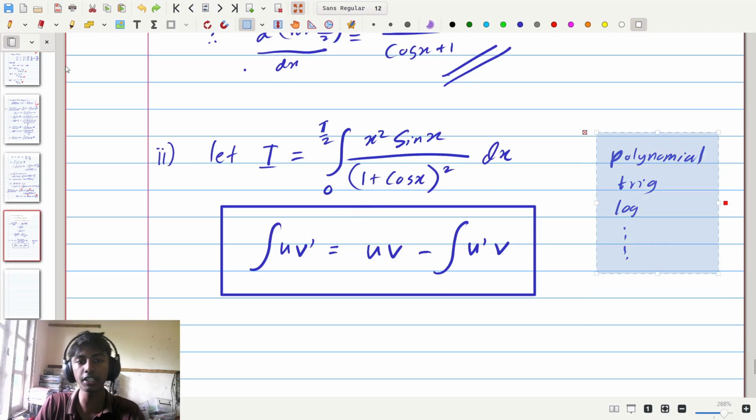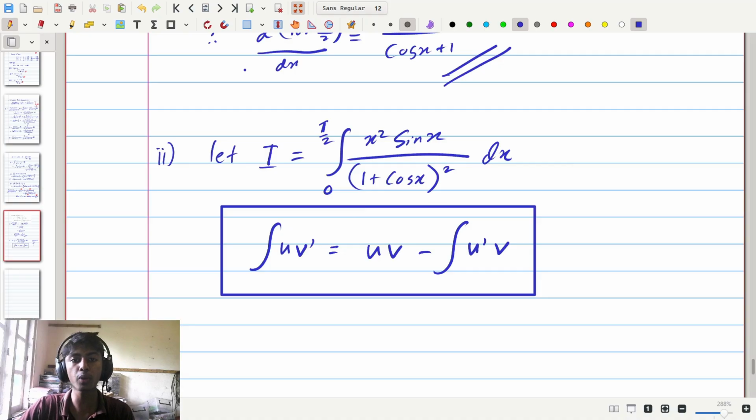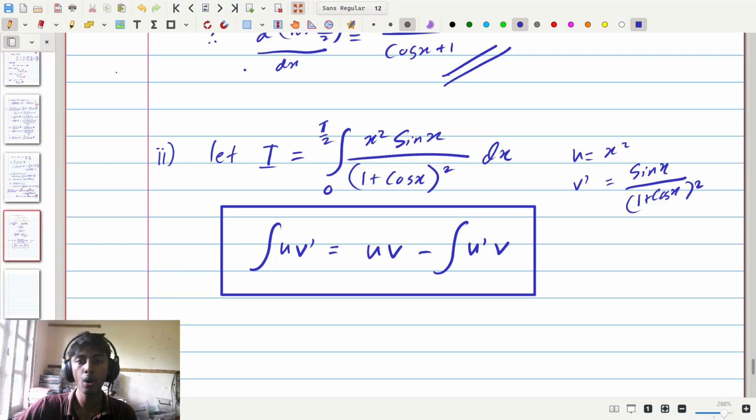Now considering the function that we're given here, we can see x squared is only polynomial and the rest of our function has only trigonometric terms, and due to that we will either have u being equal to the polynomial of x squared and v prime being equal to the other part of sine of x divided by 1 plus cos x whole thing squared, or u being equal to the other part of sine of x divided by 1 plus cosine of x whole thing squared, and v prime being equal to x squared.